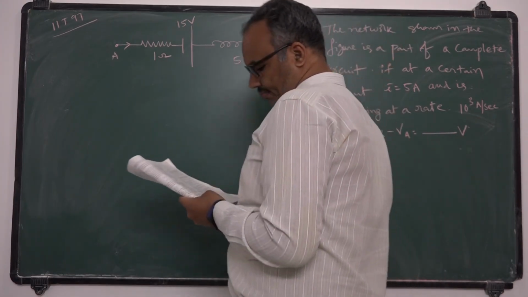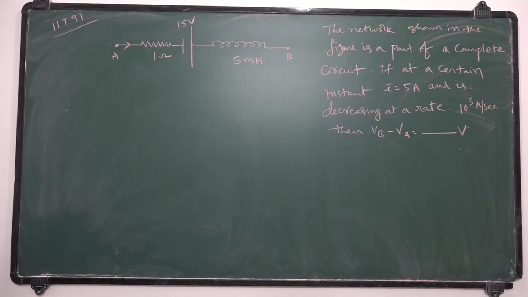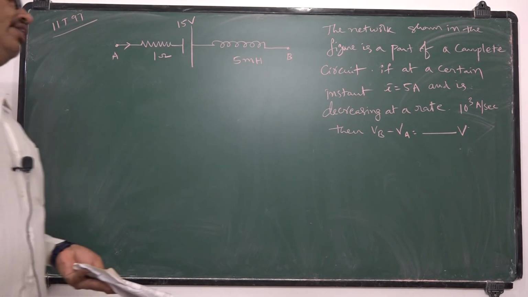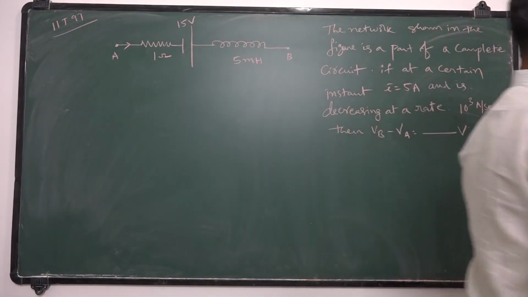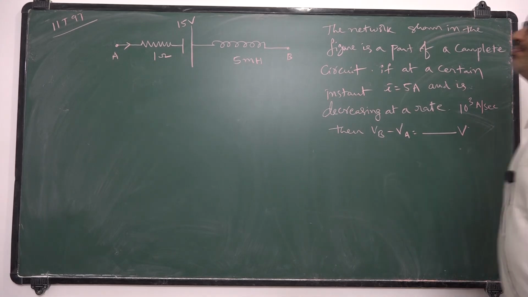This is the question. A similar model question we discussed earlier in our regular class discussion. Once you refer through that solution, then it is quite easy. If you observe clearly and apply KVL here, you will get the solution.